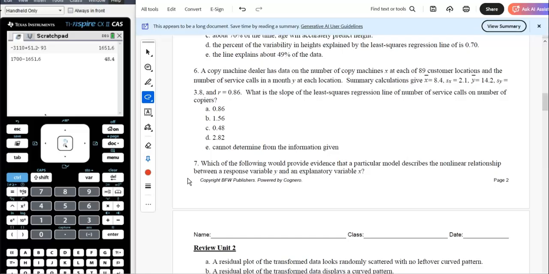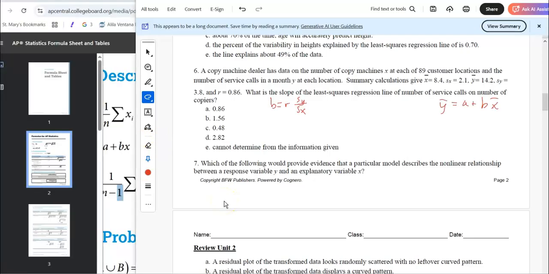Copy machine dealer has data on the number of copy machines at each of 89 customer locations and the number of service calls in a month, y, at each location. Here's the summary. So we need the two equations. We have the two equations here from the formula sheet. So let's plug in.